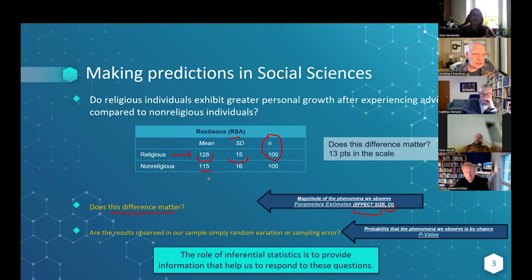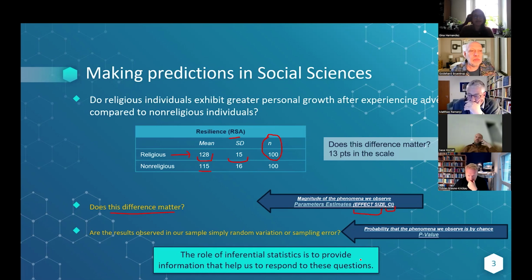How much is the difference between these two scores? Do they matter? And are these results that I'm getting due to simple random variation or sampling error? Or is it because we actually have an effect of this in the population? So this is the role of inferential statistics, to provide information about these two very important questions.